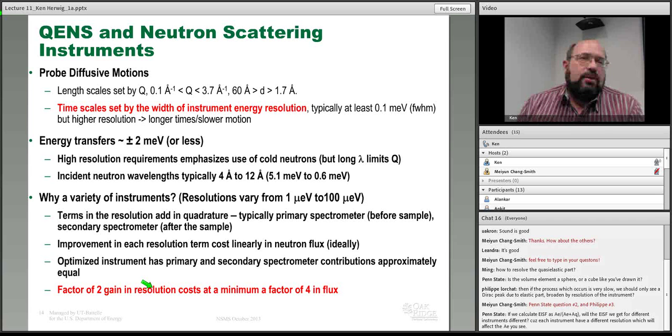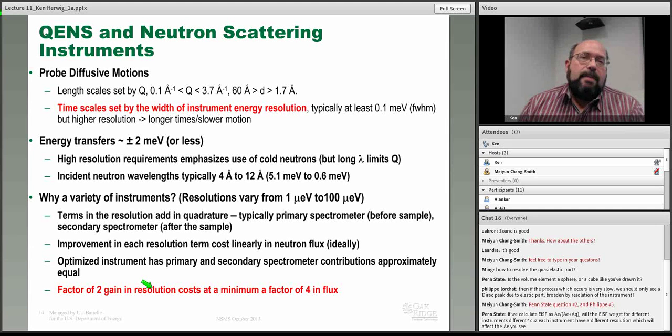When you design a neutron scattering instrument for high energy resolution, there's basically two terms that you have to understand really, really well. You have to know what the incident neutron energy is, basically as well or better than you want to understand the energy transfer. And you have to know what the final neutron energy is.